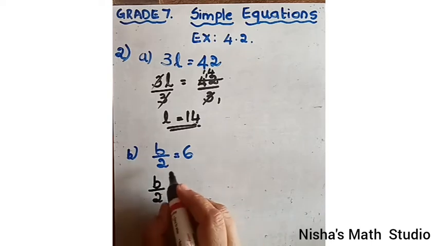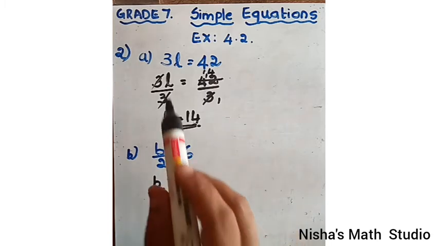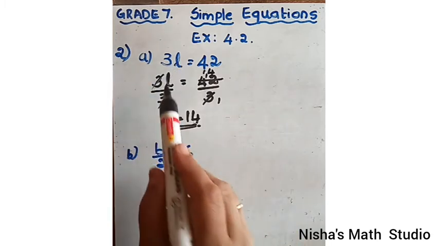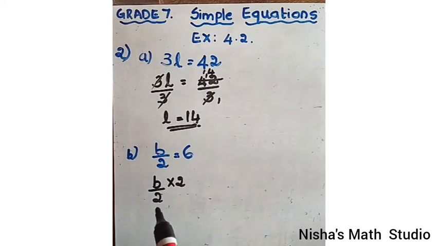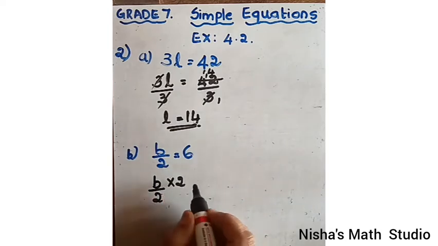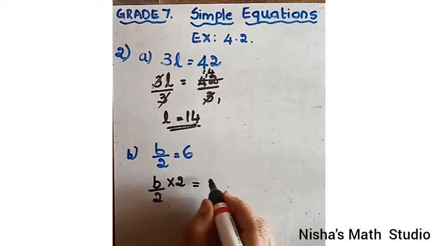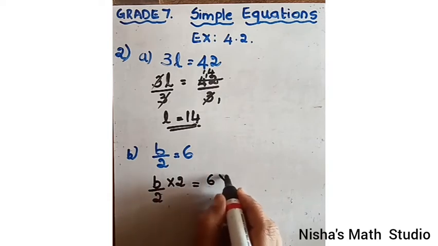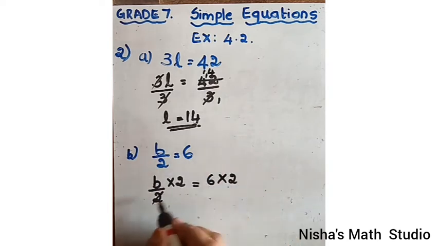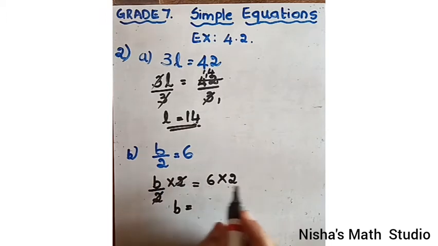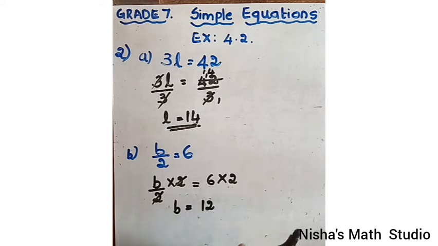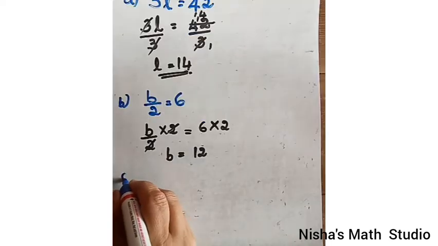In order to remove this 2 from the left hand side, I have to multiply it by 2. Remember, there it was multiplication, so I had to divide it. Here, it was division by 2 in the question, so I have to multiply. If I have multiplied it on the left hand side, I should also multiply it on the right hand side. 2 gets cancelled. What remains on this side is only b. 6 2s are 12.